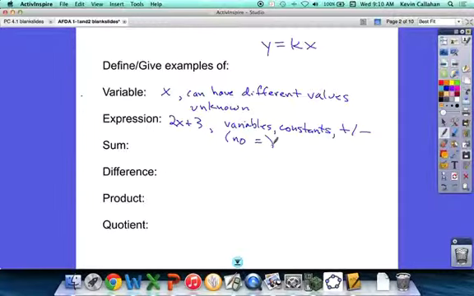In terms of math speak here, what do we mean when we say the sum? What does that word mean? I know you know this. It's the result of addition. And what is a difference? The result of subtraction.